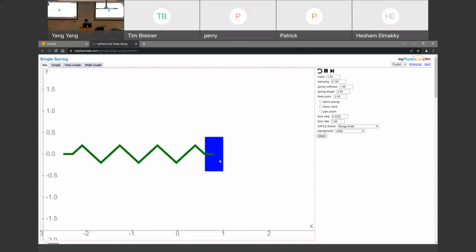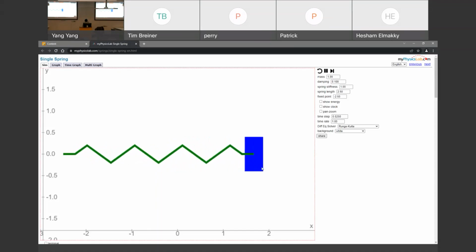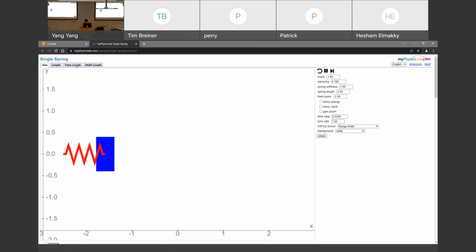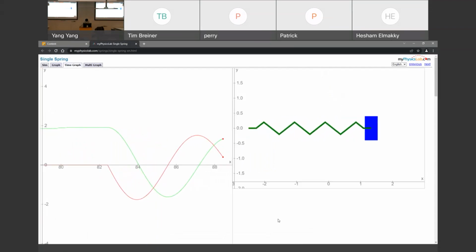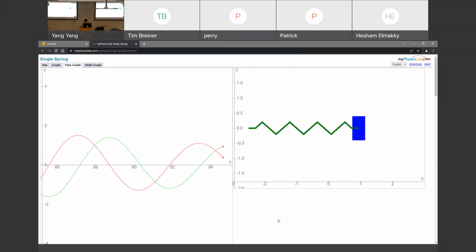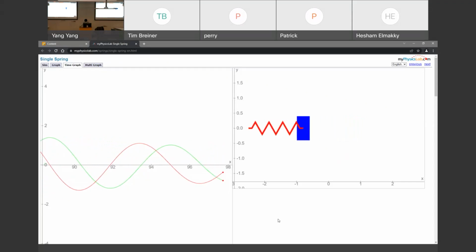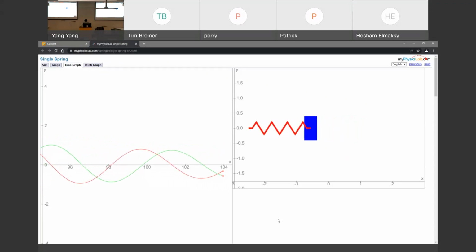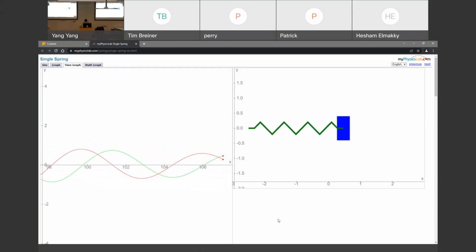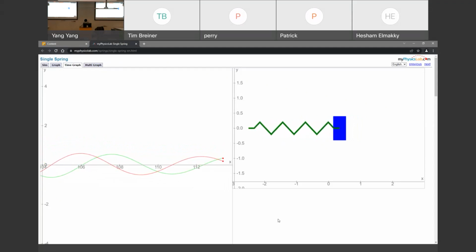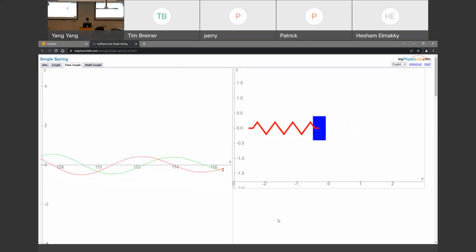So we induce an initial displacement, and then we can check this. We introduced the damping, as you can see here.